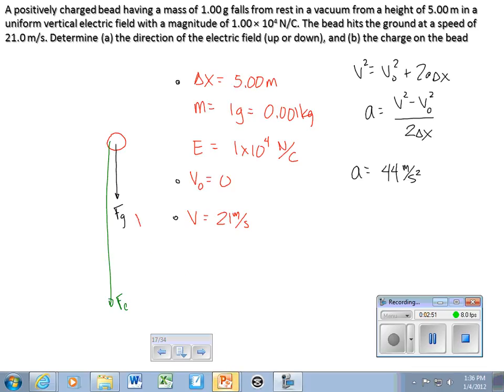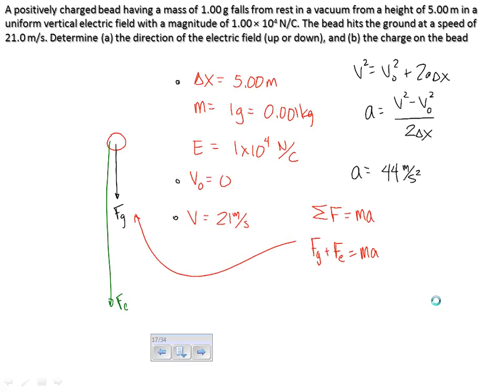So what I'm going to do is turn this into a net force statement, and we can say that Fg plus Fe equals ma. Now, why am I doing this? Because we want to find, at some point, the charge on the bead. And the only place that's going to live is, well, Fg we know is mg.